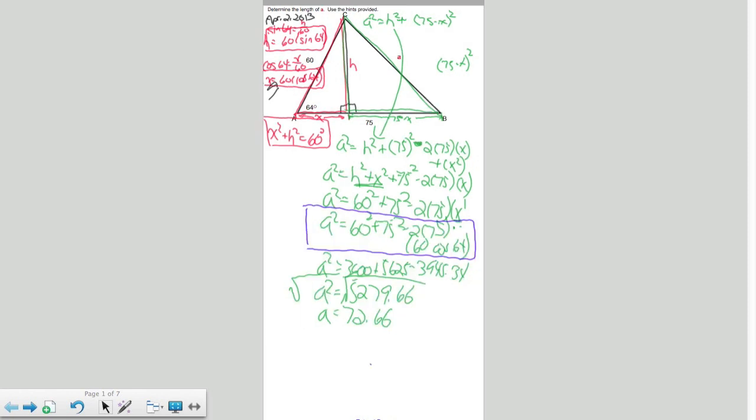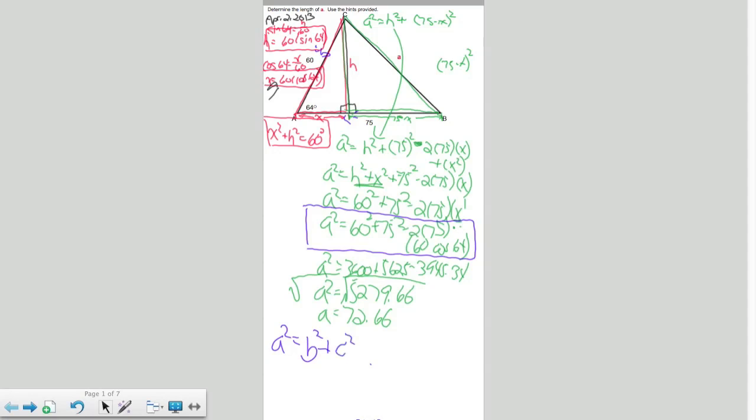What I'm going to do is substitute in the letters that we have on our triangle for the numbers. So we got a squared is equal to, well, what does 60 map to? Yeah, 60 maps to little b. What does 75 map to? Little c. Yeah, 75 maps to little c.